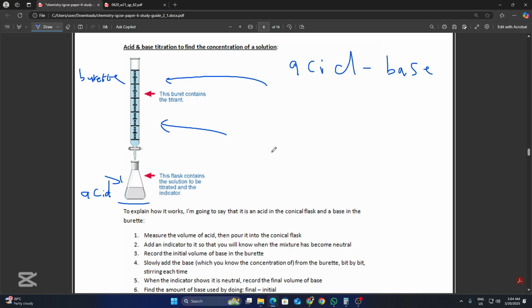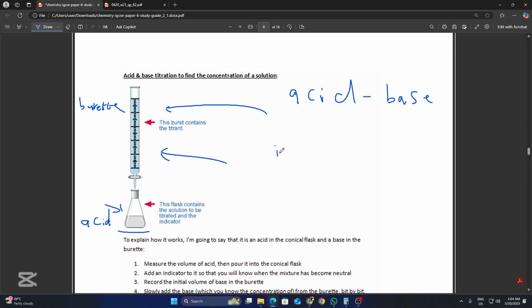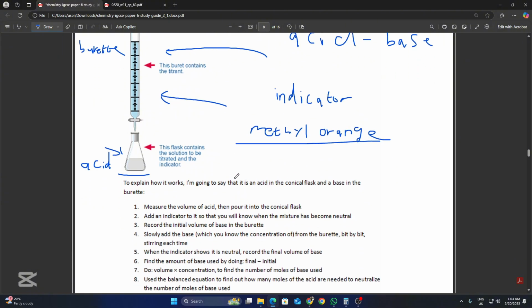In acid-base titration, we always use an indicator. An easy indicator to memorize is methyl orange. You never use universal indicator; you always use something like methyl orange or thymolphthalein, but methyl orange is easy to pronounce and write, so I'd say use methyl orange.